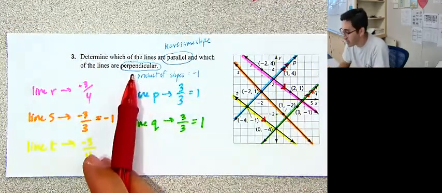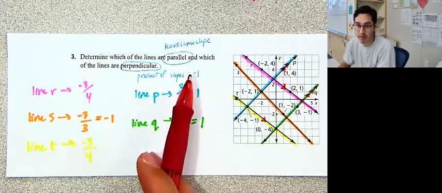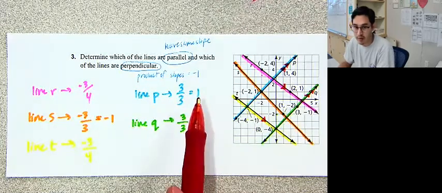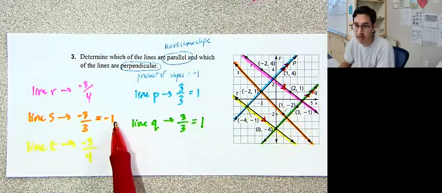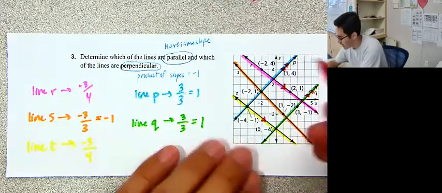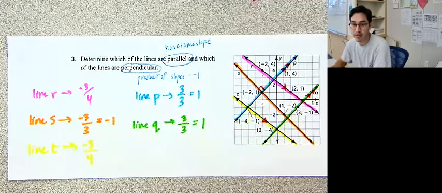All right, which lines are perpendicular? This means that if I multiply their slopes, the result would be -1. If I multiply 1 and -1, that product is -1. So I can say the blue and the orange lines are perpendicular, and we can show that with the little red square symbol.